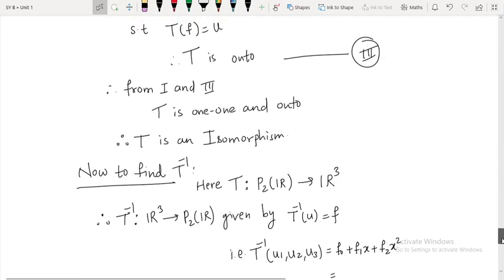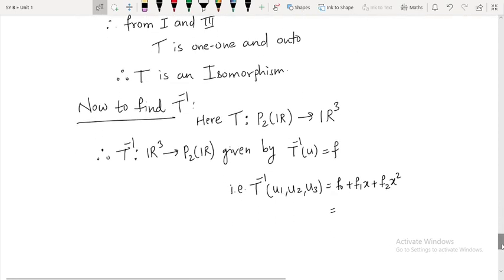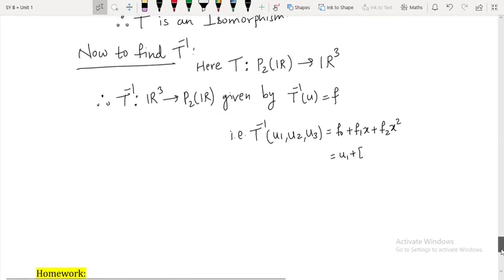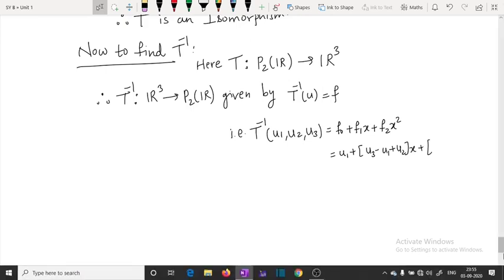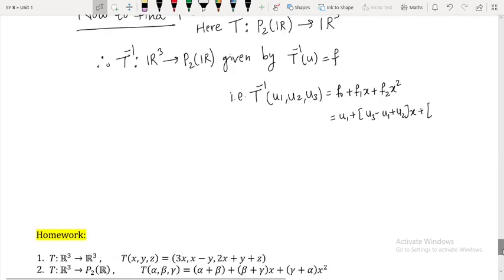Now simply put the values of f0, f1 and f2: f0 is u1, plus f1 is u3 minus u1 plus u2, times x, and f2 is u3 minus u1, times x square.